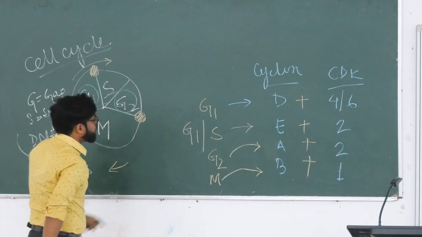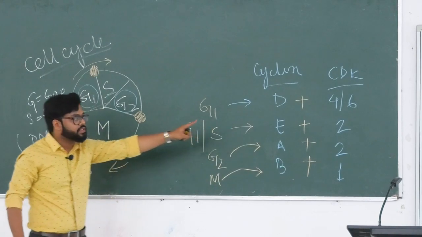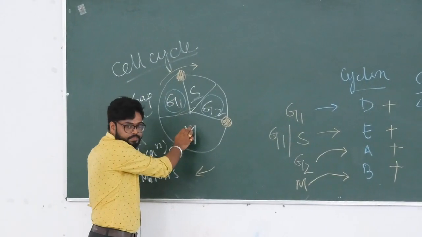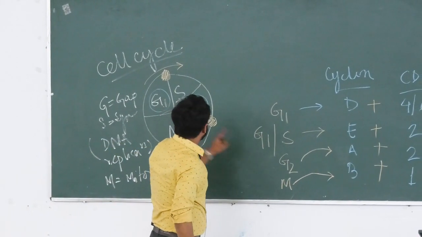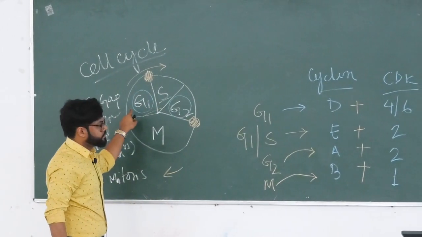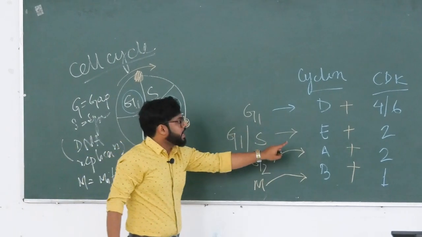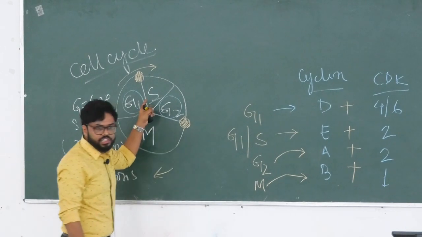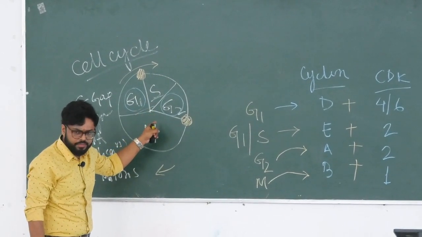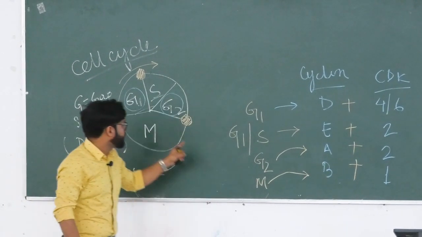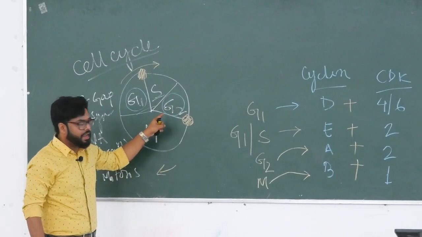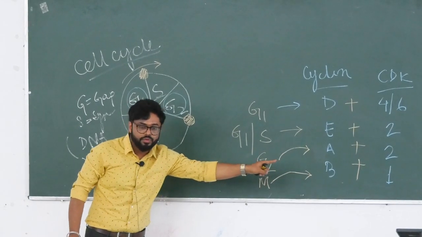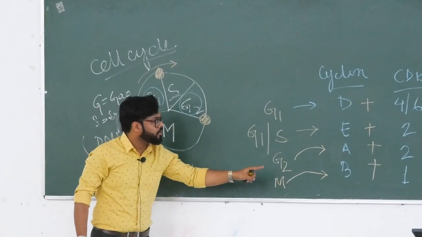Now, you can see that the G1 cyclin D acts with cyclin-dependent kinase 4 and 6, and they are acting in that transition space, G1 and the next checkpoint, G2.